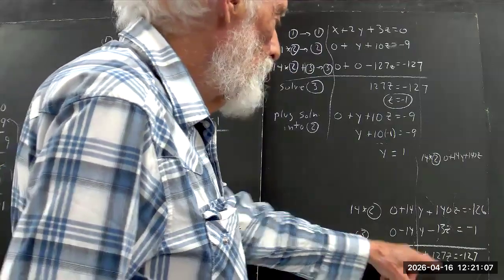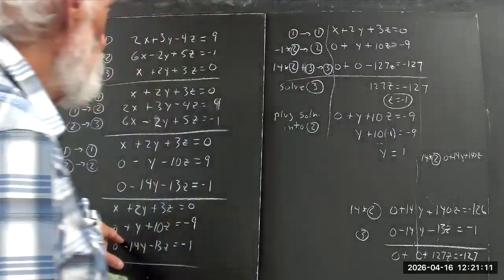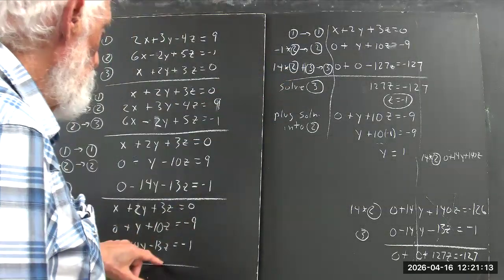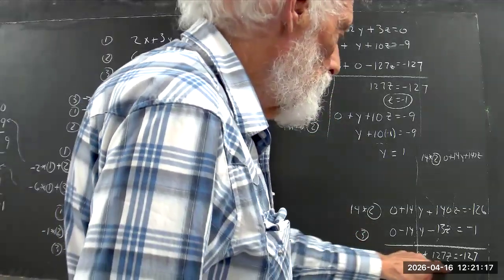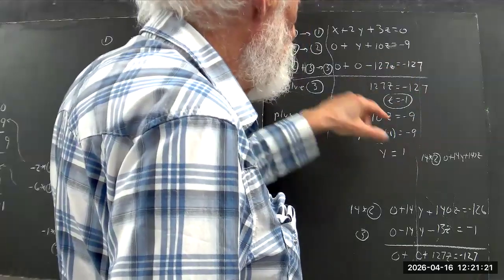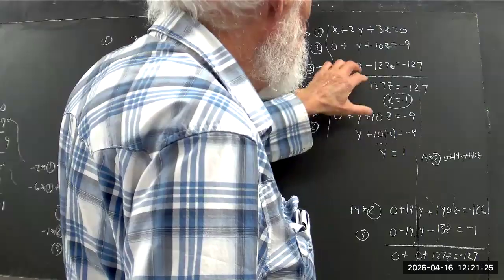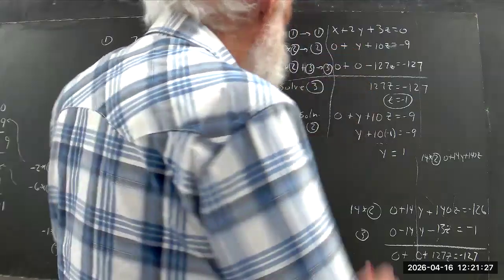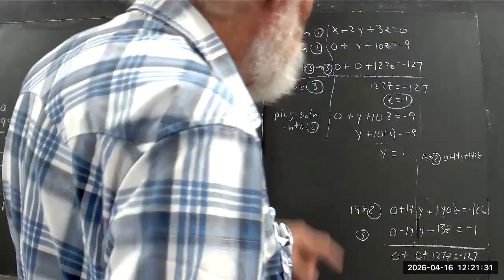And that is my equation: 14 times the old equation 2 plus the old equation 3 becomes the new equation 3, which is what we got down here. 0 plus 0 minus 127z equals 127, maybe. That should have been plus 127z. Make sure it's corrected.